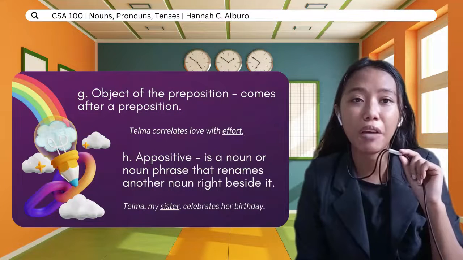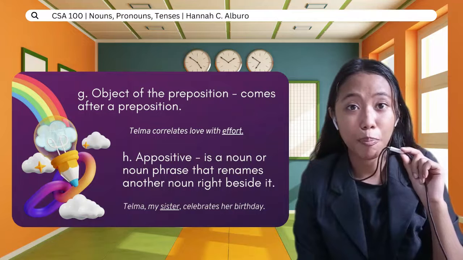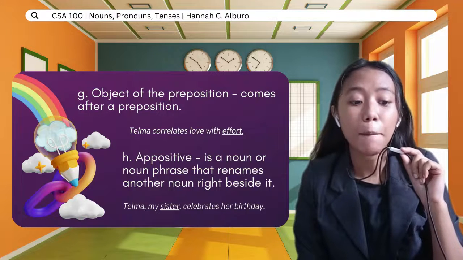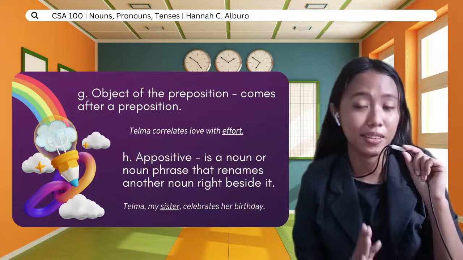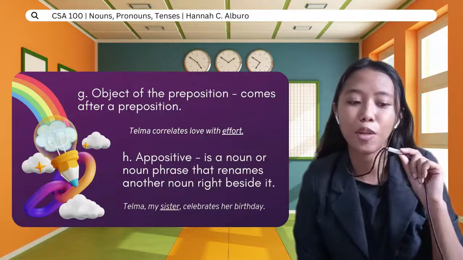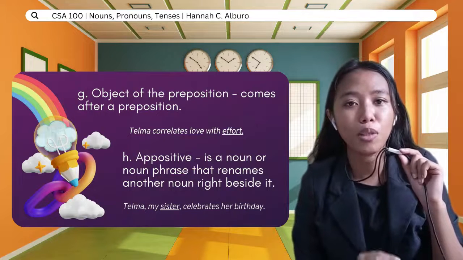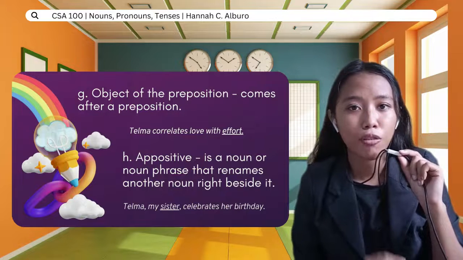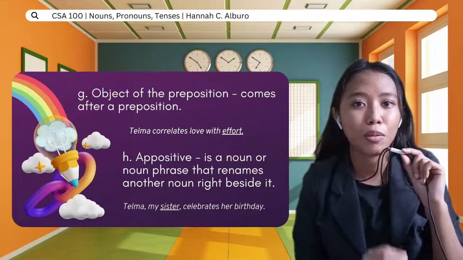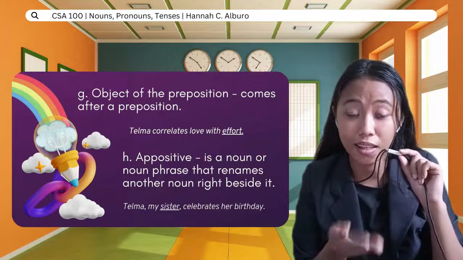Okay, moving on, we have the object of the preposition. It comes after a preposition. Take the sentence, Telma correlates love with effort. Telma here still functions as a subject. Now, the word effort is our object of the preposition. It is a noun that functions as an object of the preposition because it comes after a preposition, with.